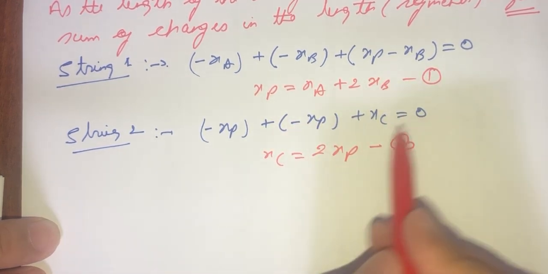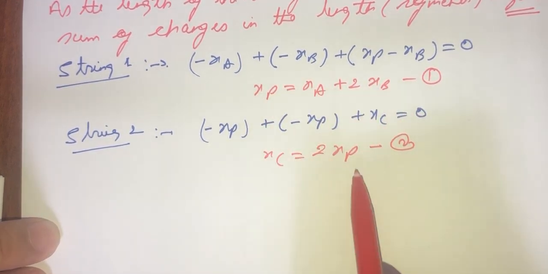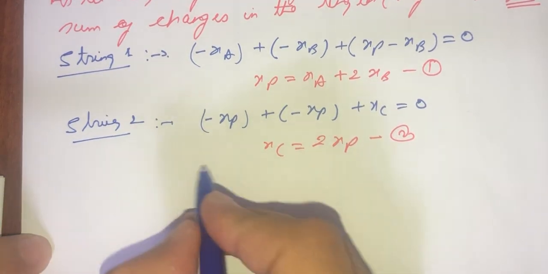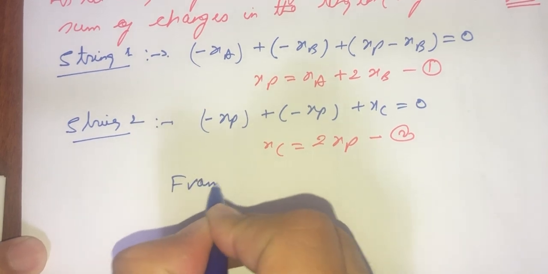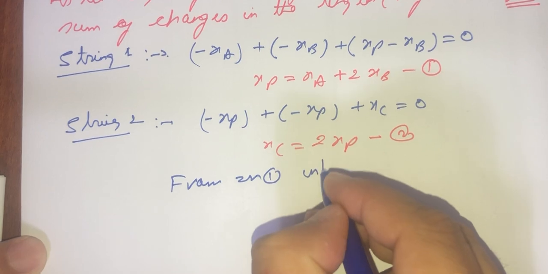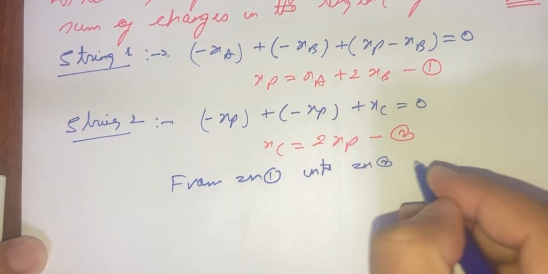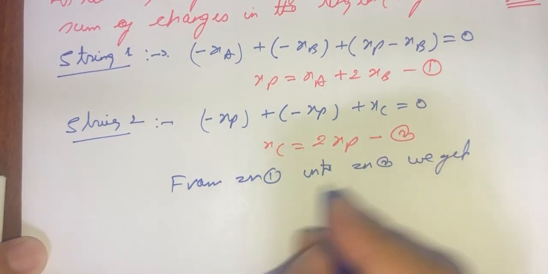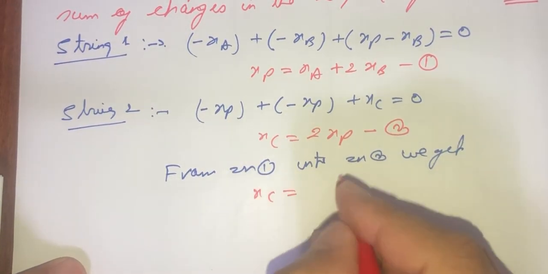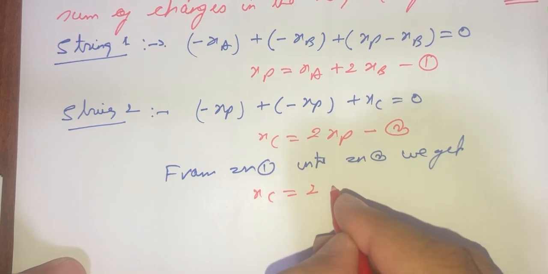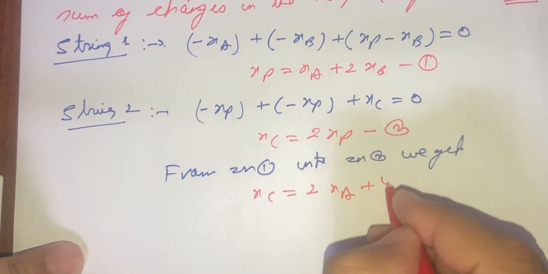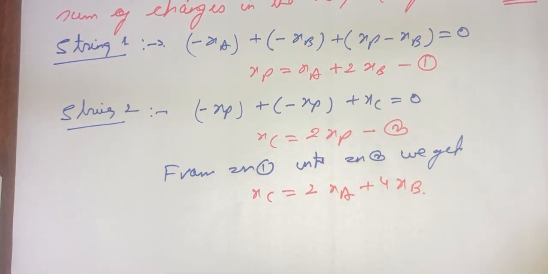Substituting from equation 1 the value of XP into equation number 2, we get XC is equal to twice of XA plus 4 times XB.